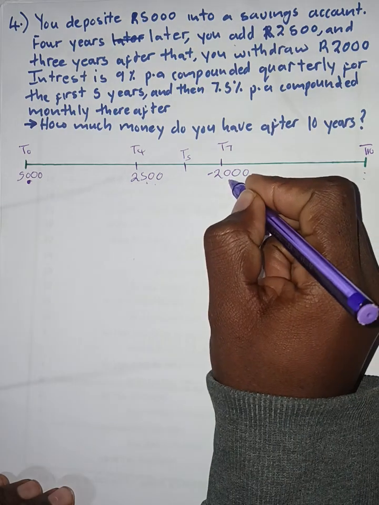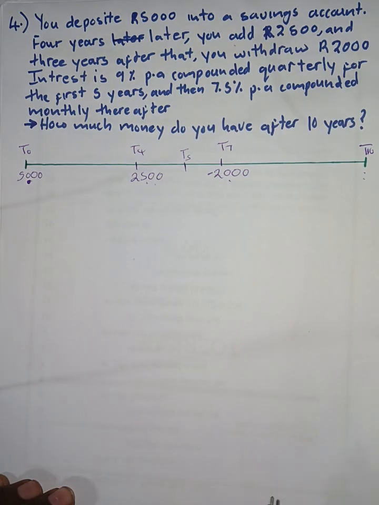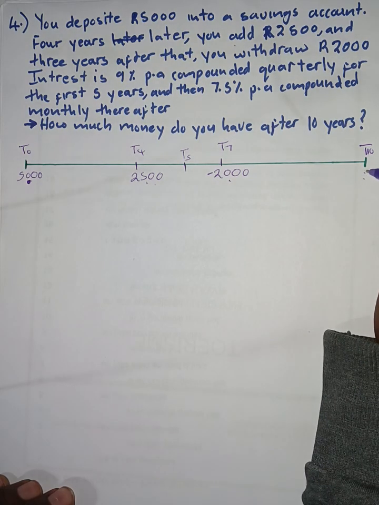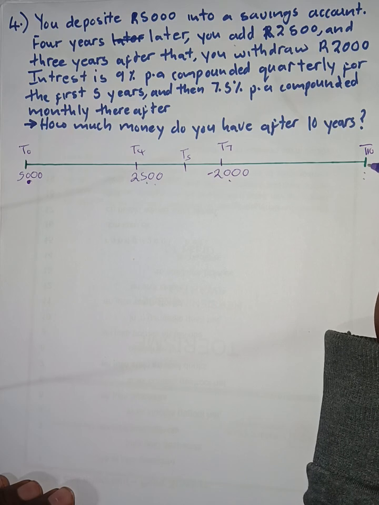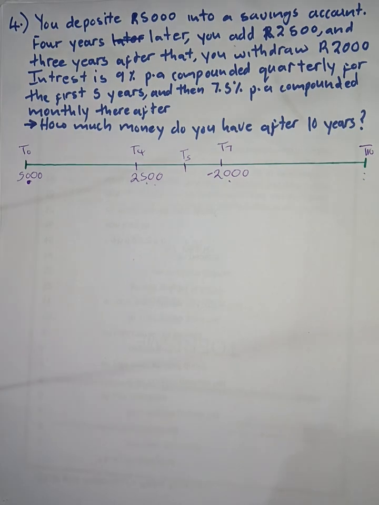And then I would do the same with that 2,000. And then I would add what I need to add and subtract what I need to subtract there. Why am I dragging all of them there? Remember, I'm dragging them to the same time, right? Remember what I said, you can only add or subtract money if you know how much it is worth at the same time. So I'm going to show you the other way that you could do this.